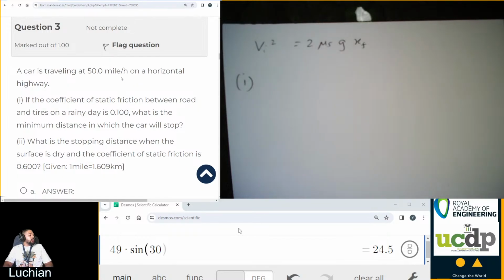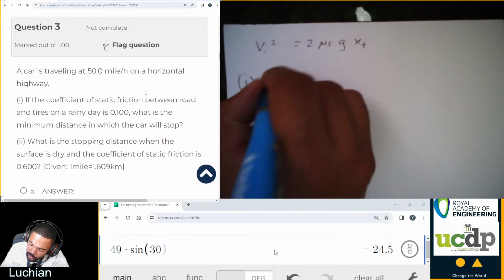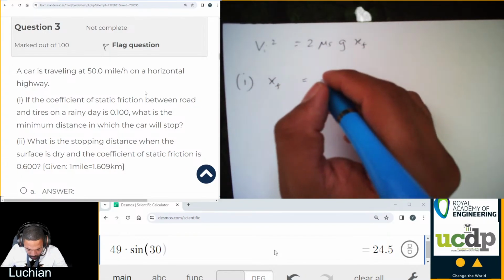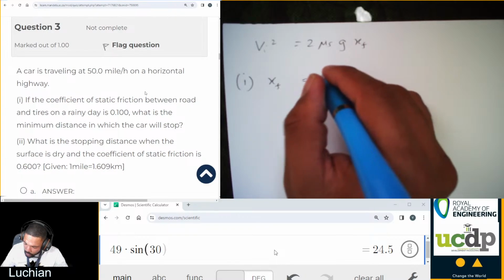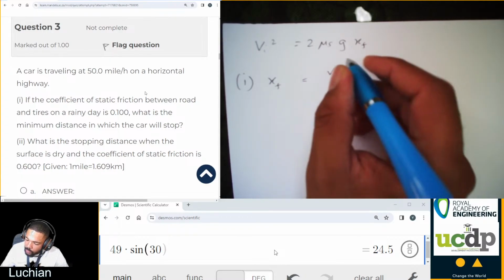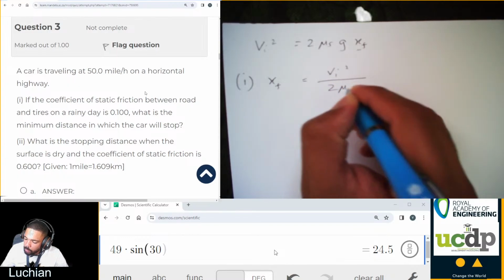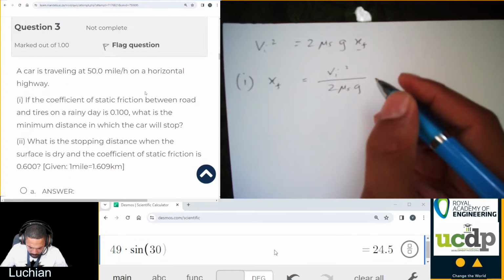It says 1, what is the minimum distance this car will stop? That is xf. To get the minimum distance you must use the maximum deceleration, and we have that. This is just equal to v. If you solve for xf, you will divide by 2 mu s g.